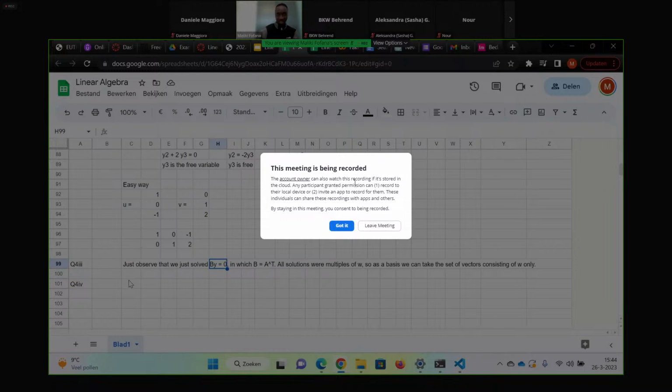The theorem says By should be equal to 0, in which B is equal to the transpose of A, and from which you should take all these multiples of w and forget this. So this is in short what the theorem says. The theorem is a bit longer, but this is the determination. So you don't actually have to compute.